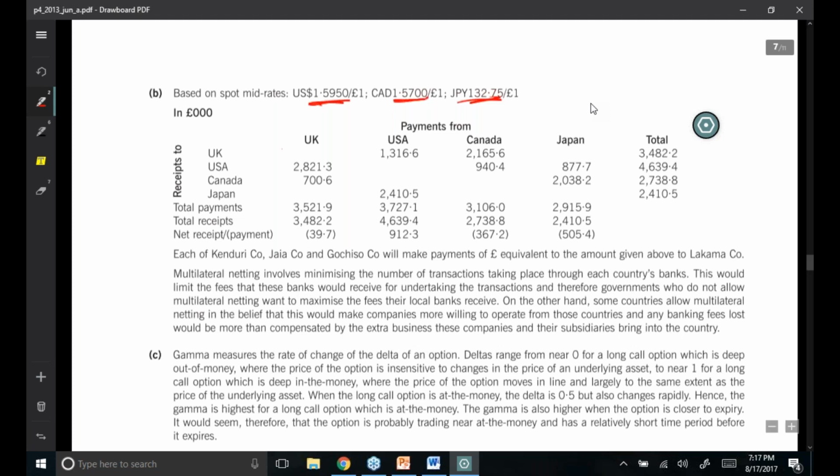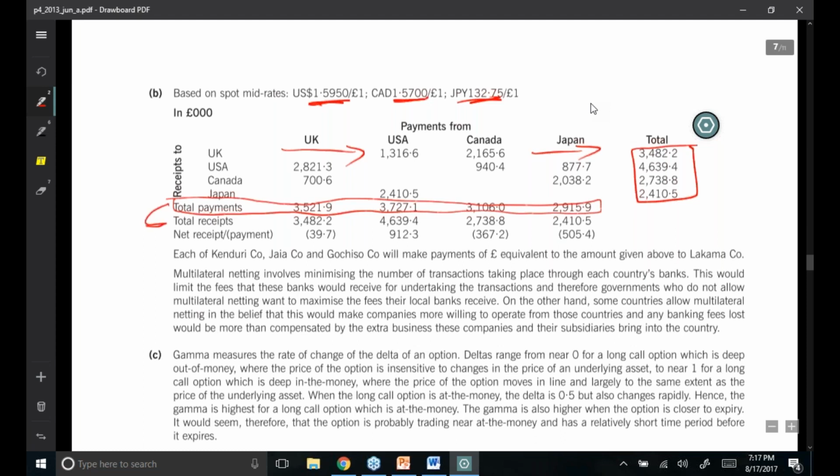And then we take total of all receipts. These are the total of all receipts. And then we take the total of all payments. Then these receipts and these payments will be netted off against each other.